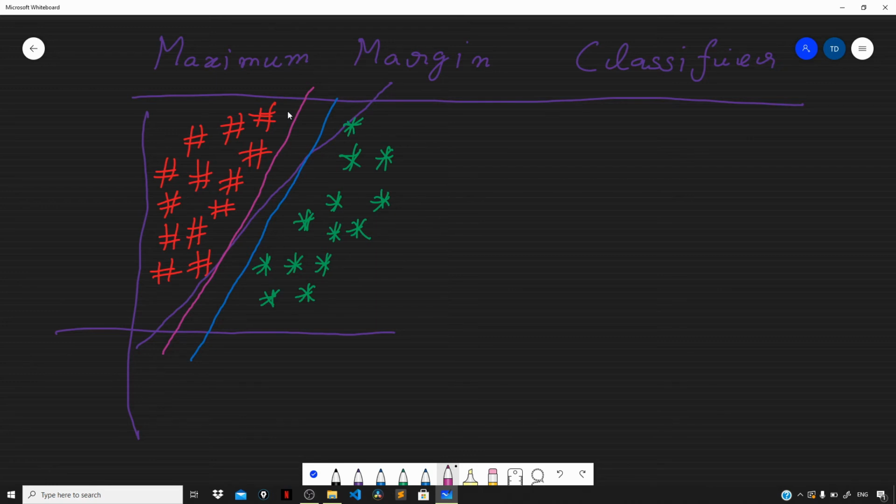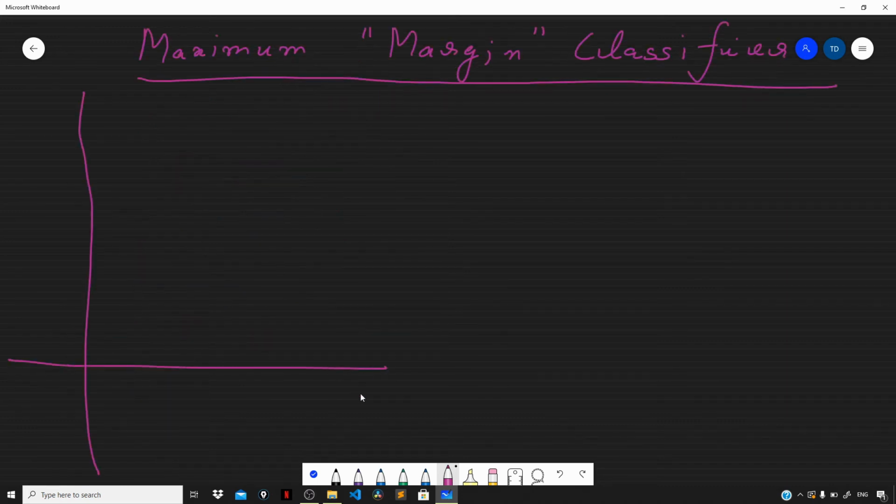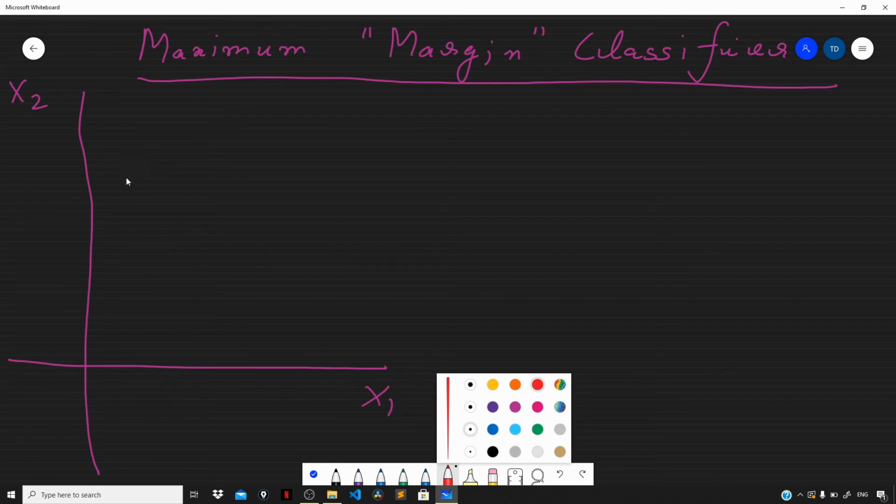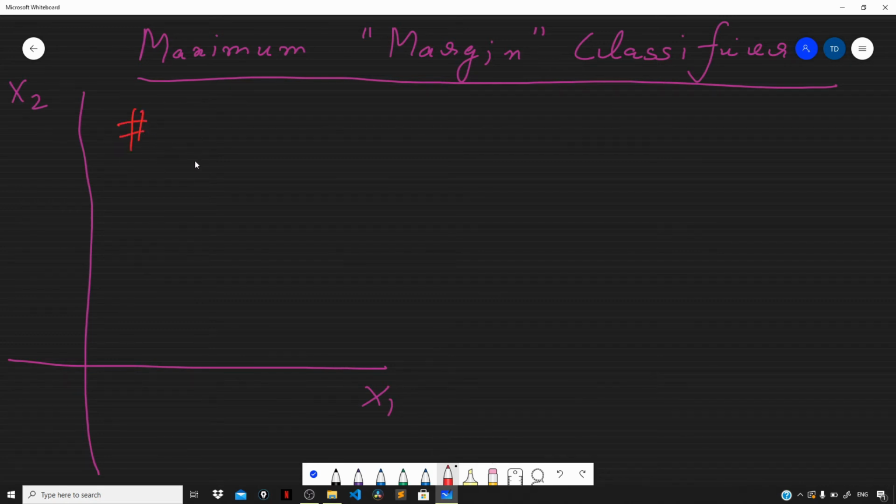So by just seeing this diagram, it is very difficult to tell which is the best out of these 3. So let us now understand the concept of margin by taking a fresh diagram. So let us say this is our axis x1, x2, and let us represent the points of our first class by using hashes.